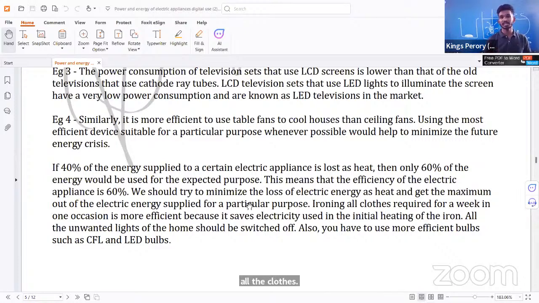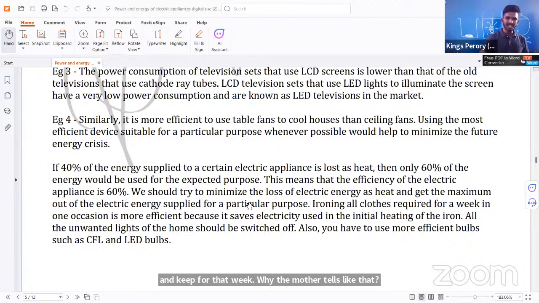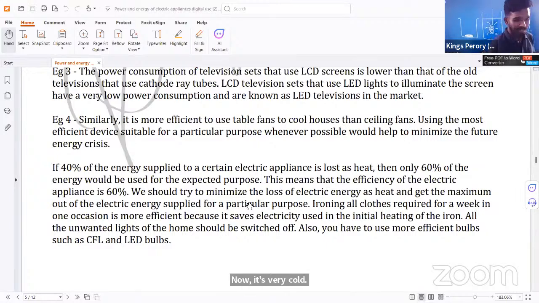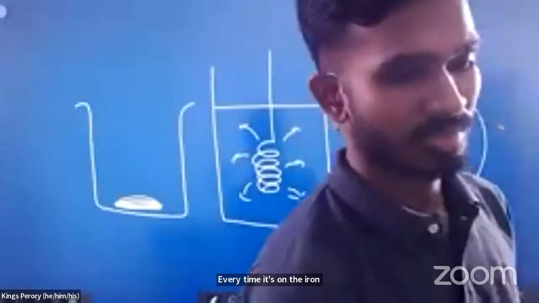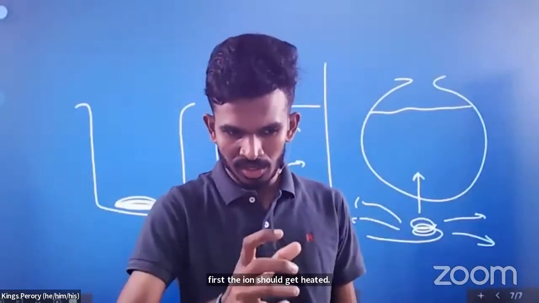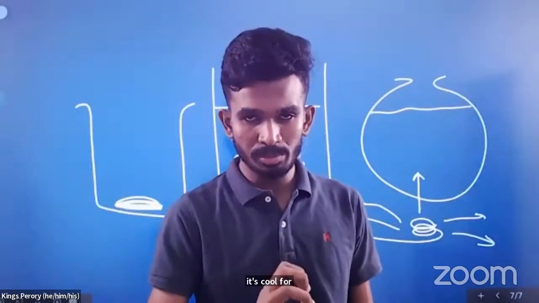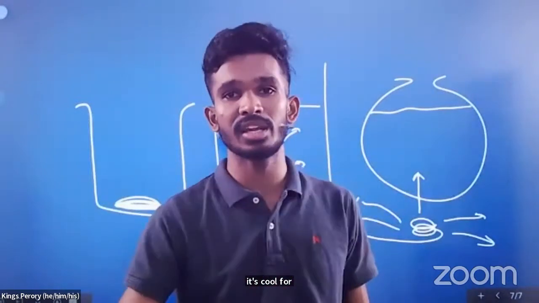Why does the mother tell you like that? There is a scientific reason behind it. Every time you switch on the iron, it's cool, so first the iron should get heated. There should be some electricity given for the initial heating.